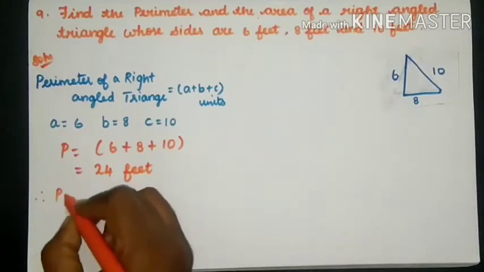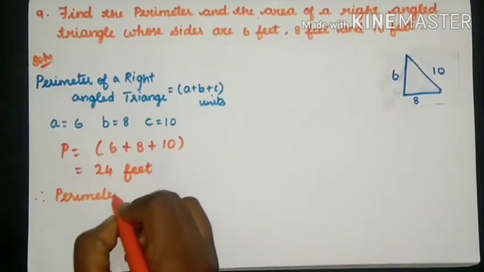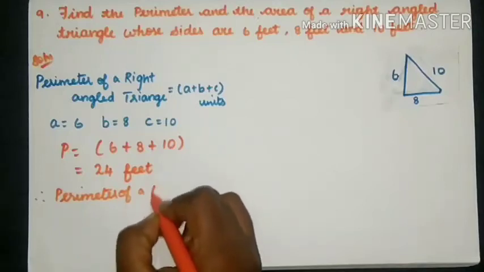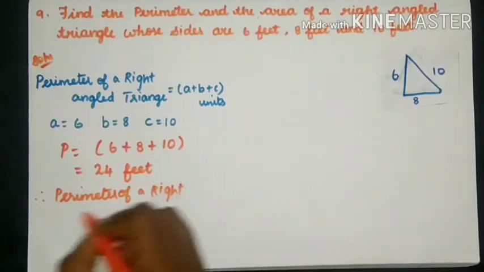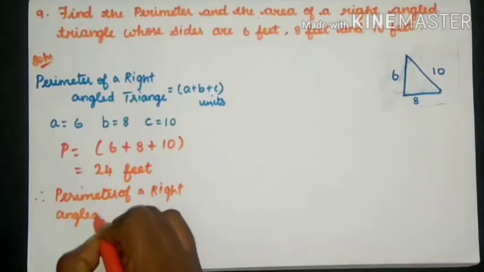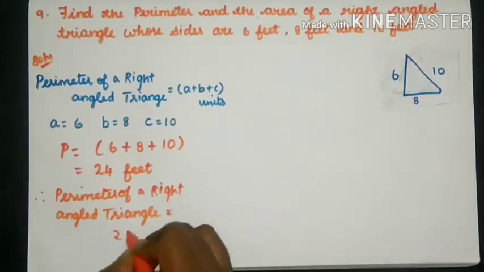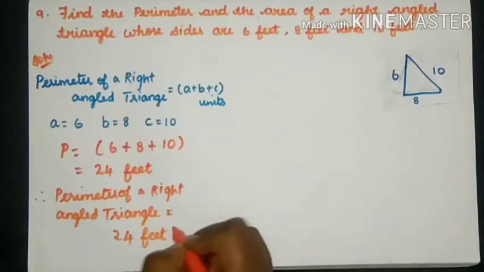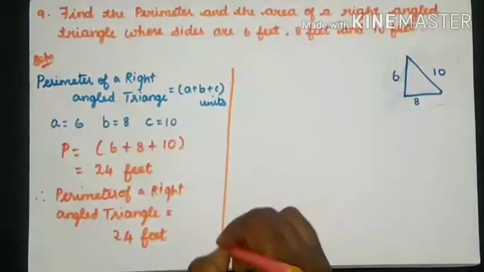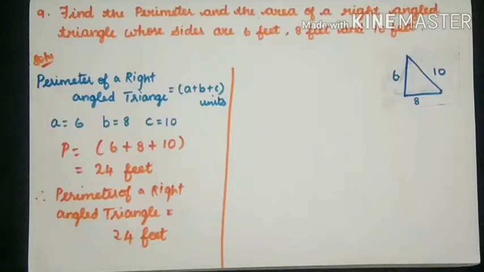Therefore, perimeter of a right-angled triangle is equal to 24 feet.